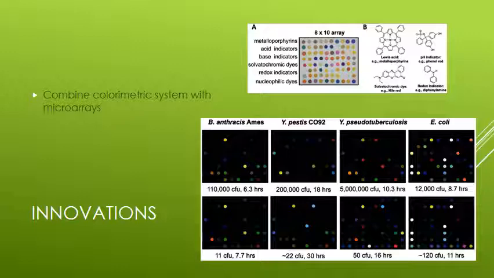But instead of just having a colorimetric system that responds to any volatile acid, they actually changed the colorimetric system into a microarray so that you specifically know, if you look in this cartoon up here, all the different volatile acids and indicators that we can have in this microarray, and this is just one example.